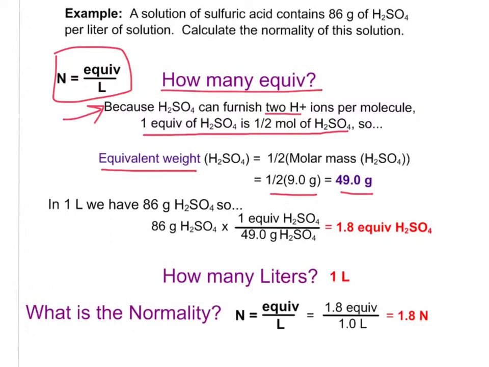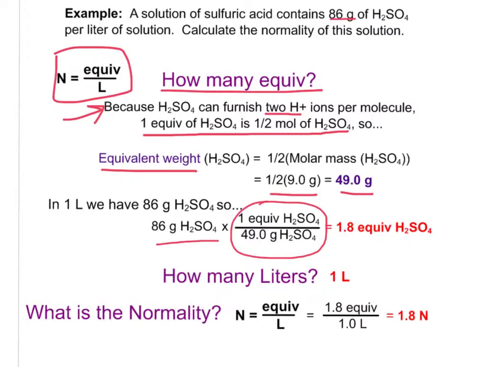We know the equivalent weight, but that doesn't tell us the total number of equivalents in this solution, because in this solution, we have 86 grams of sulfuric acid. So we need to figure out the total number of equivalents by setting 86 grams of sulfuric acid and then multiplying by 1 equivalent being equal to 49.0 grams.